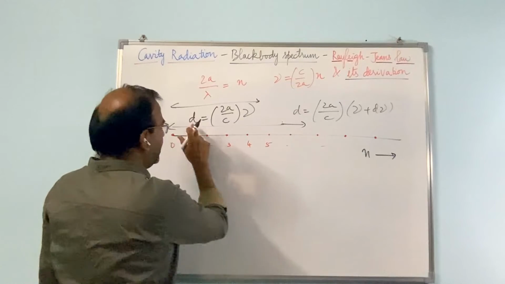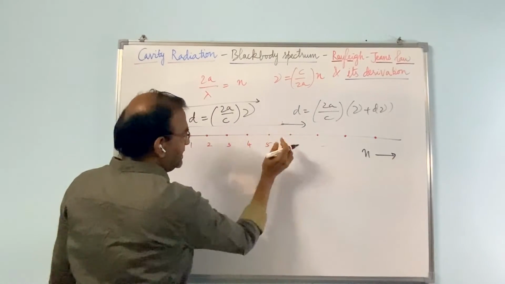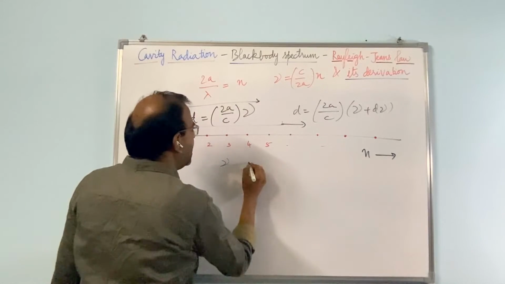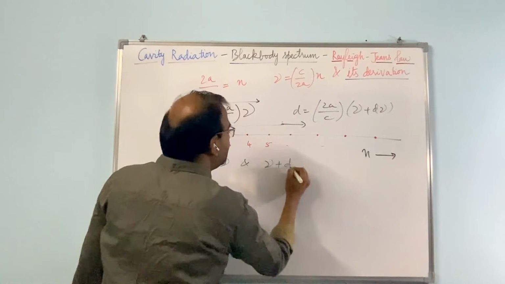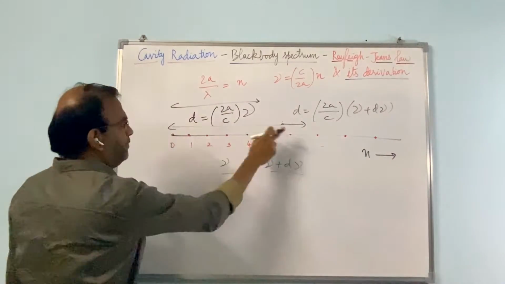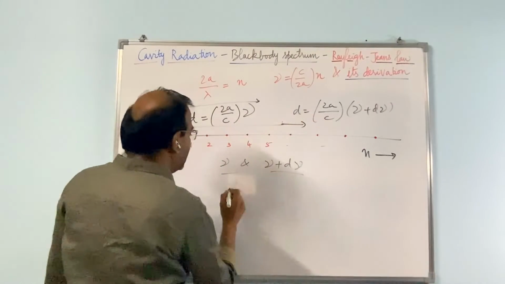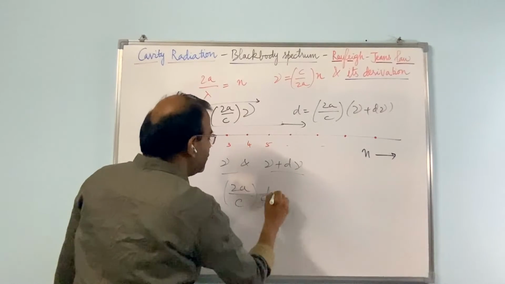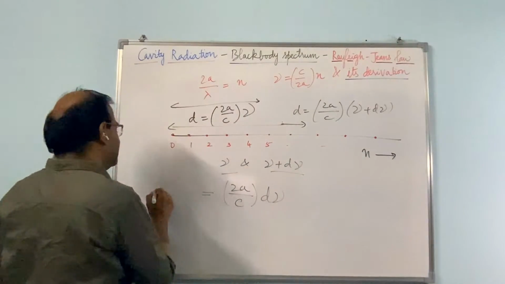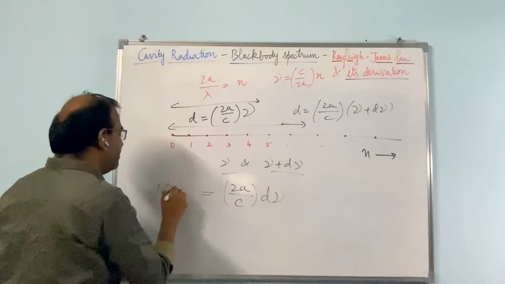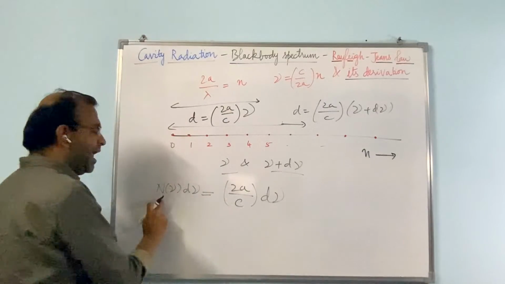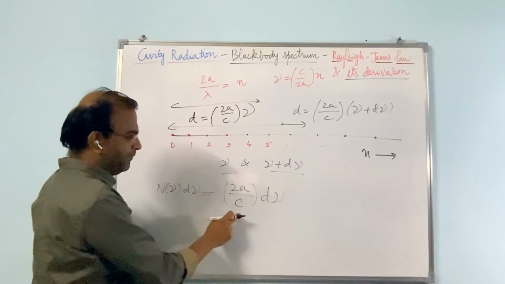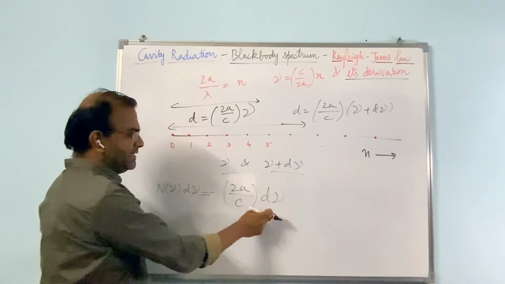And therefore, the difference, that is the number of waves that can be present in a frequency range nu and nu plus d nu, would be a difference of these two, and that would be 2a over c times d nu only. So if we call that some number of frequencies in a range, n of nu d nu, as a function, that would be 2a over c d nu.